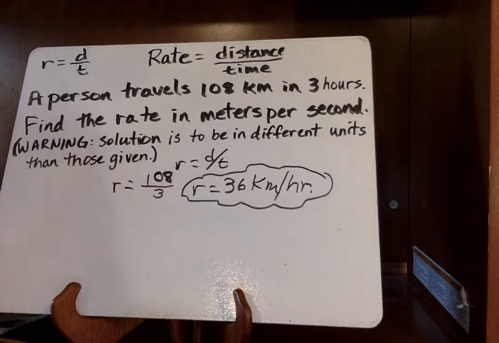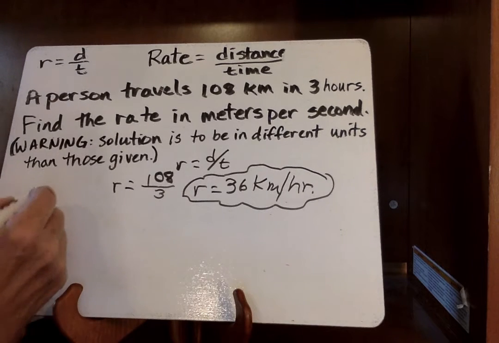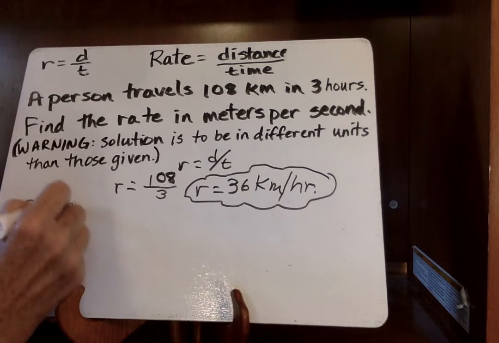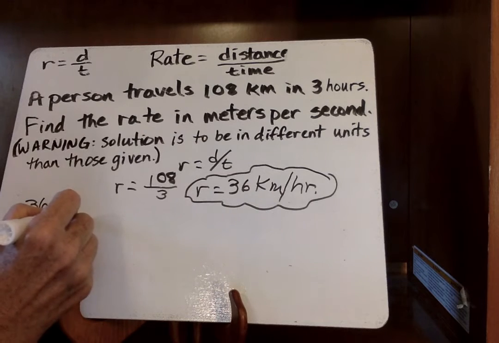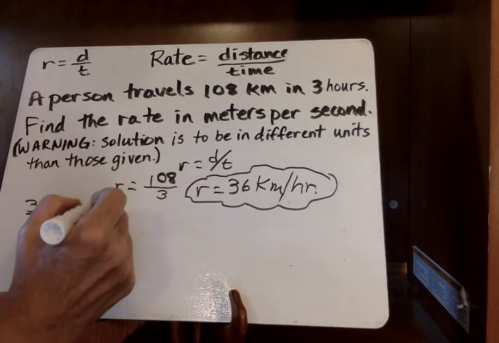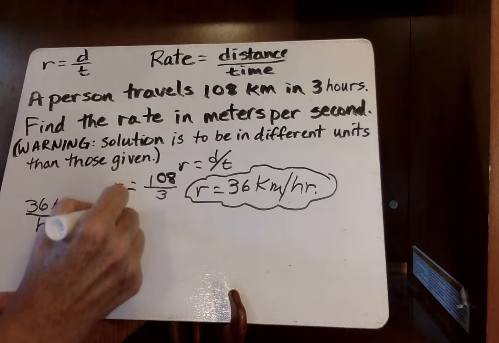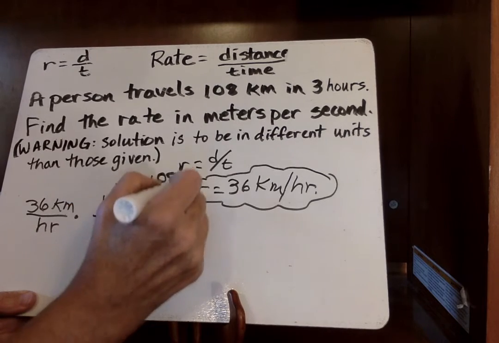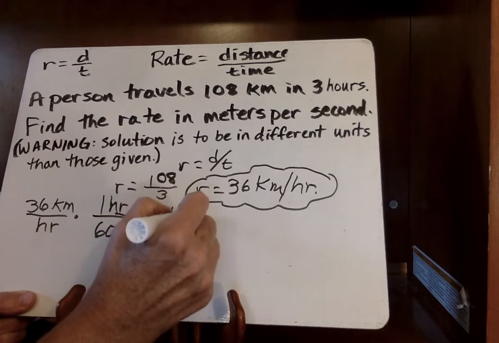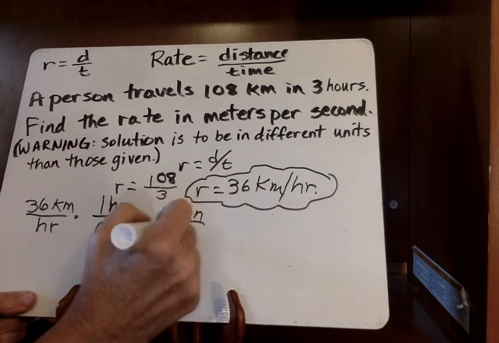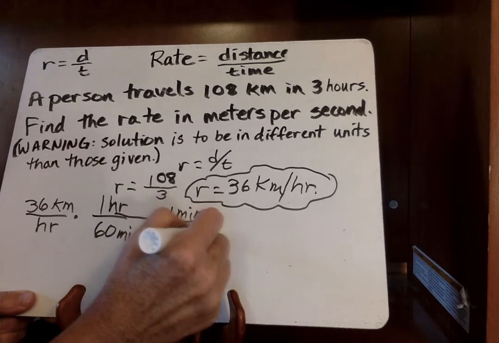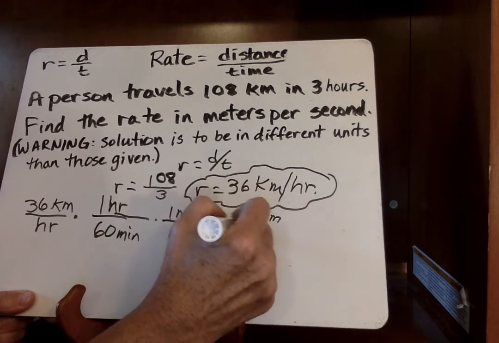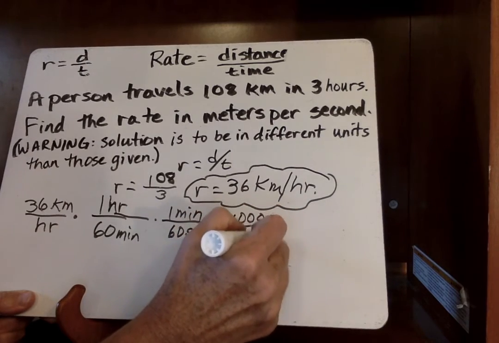What we do is we take 36 kilometers per hour, and we're going to convert those units so that we have 1 hour equals 60 minutes, and we have 1 minute equals 60 seconds, and then we have 1,000 meters over 1 kilometer.